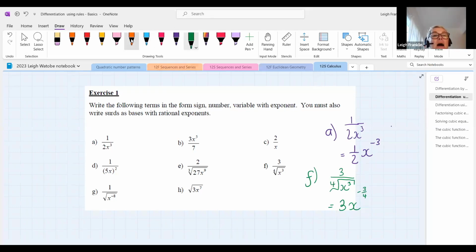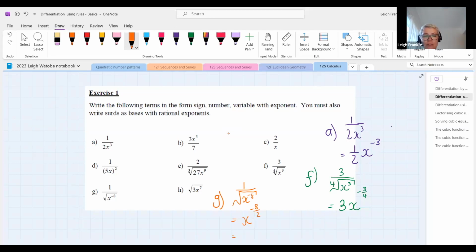And then one last one. We'll call it a day after this, and then we'll move on. Question G. Who would like to volunteer to do that one, please? Chiamo, go for it. At G, it is x to the power of negative 8 over 2. Excellent.